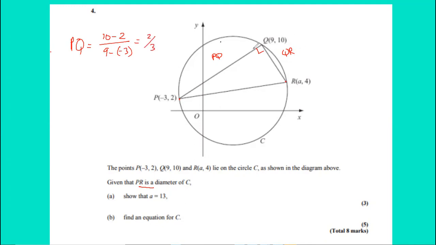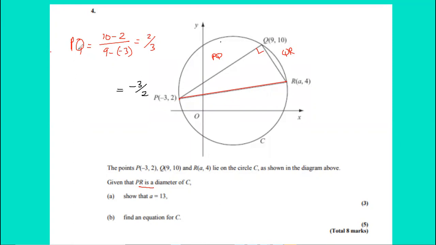Then I know that because this is definitely a right-angled triangle, and one of those sides happens to be the diameter of that circle, the gradient of this line here is going to be the negative reciprocal of the gradient of PQ. So it's going to be -3 over 2.